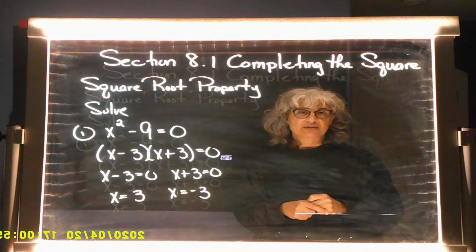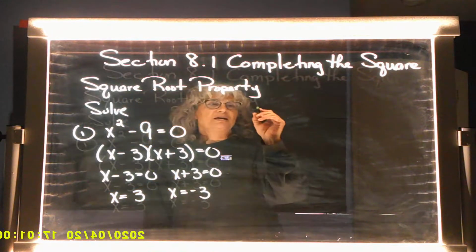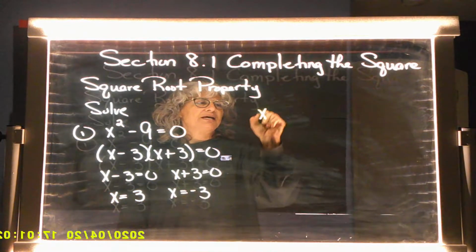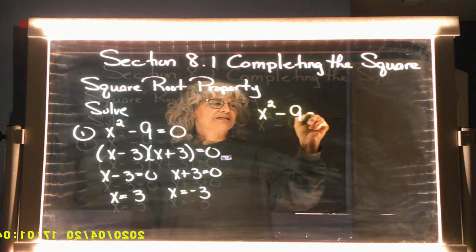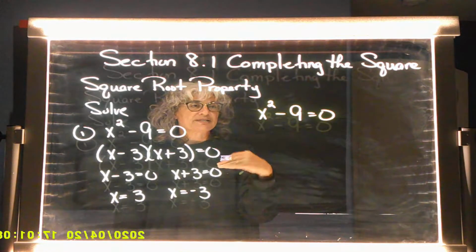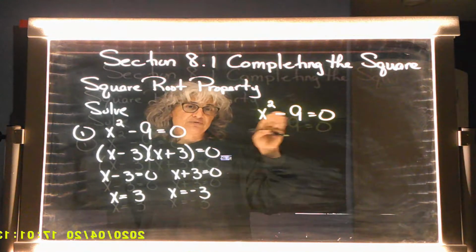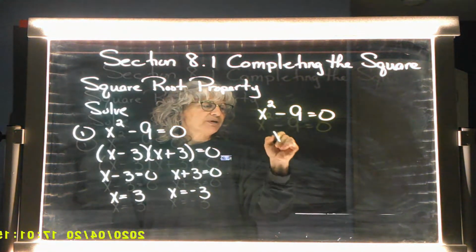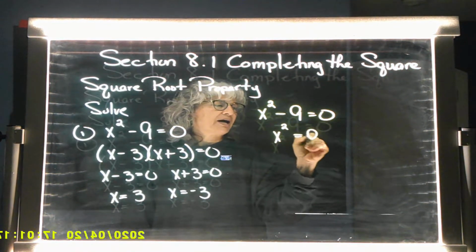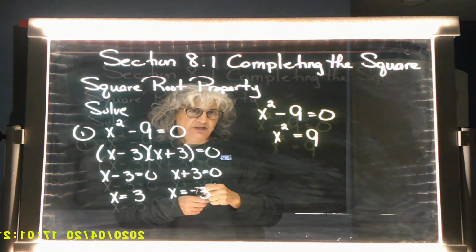Good. Now here's the deal. I have another way of solving this problem. If I take this problem, x squared minus 9 equaling 0, and I'm trying to get x by itself, then I would have to move that 9 over, wouldn't I? So when I move that 9 over, I have x squared by itself, but I don't have the x by itself, do I?